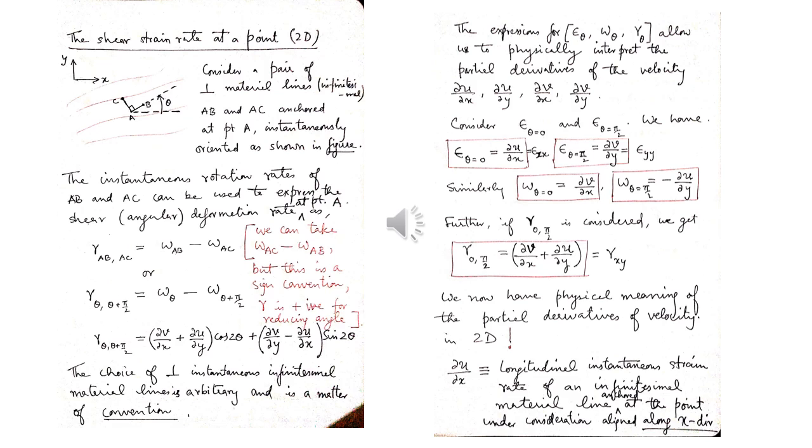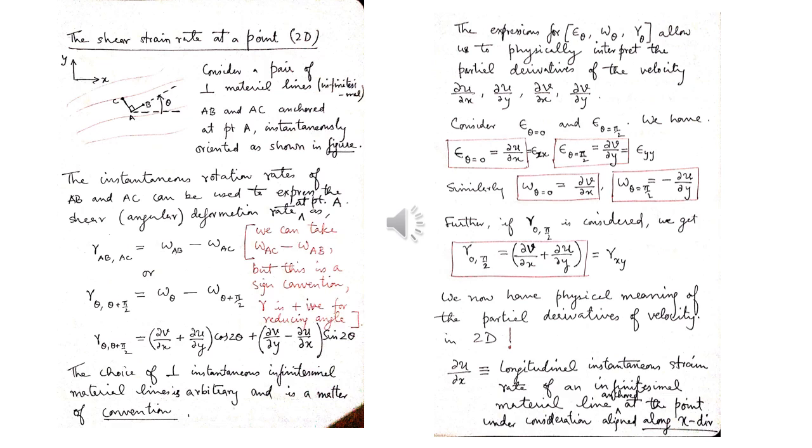So there are two x directions involved, the direction of the longitudinal strain, which is x, and the orientation of the material line, which is also x. That's why del u del x is given a special symbol epsilon xx. And similarly, you can interpret epsilon yy. So these are the two physical meanings for the partial derivatives del u del x and del v del y.